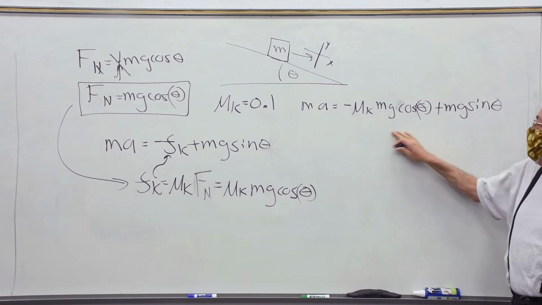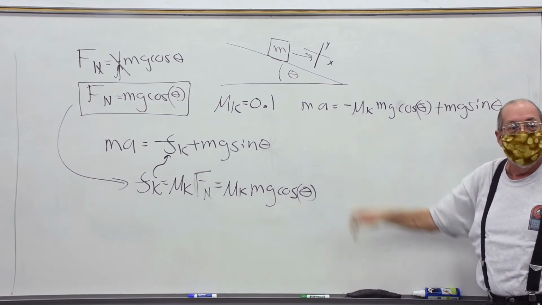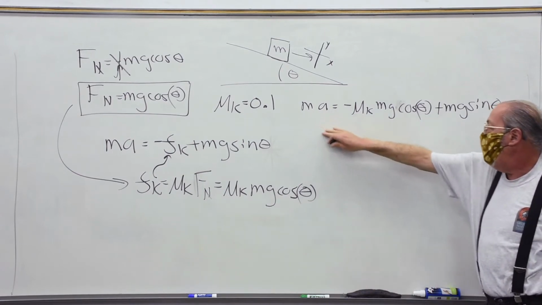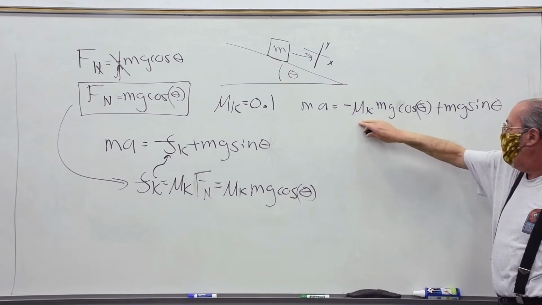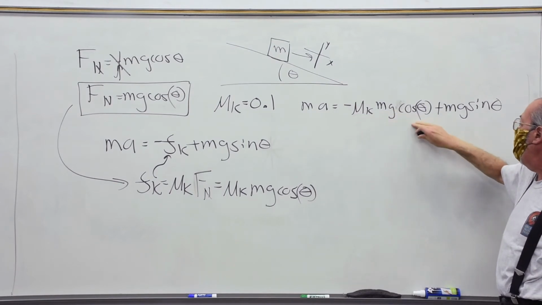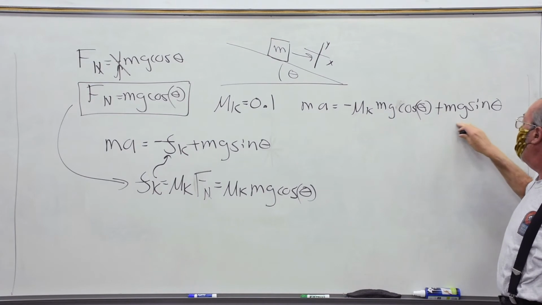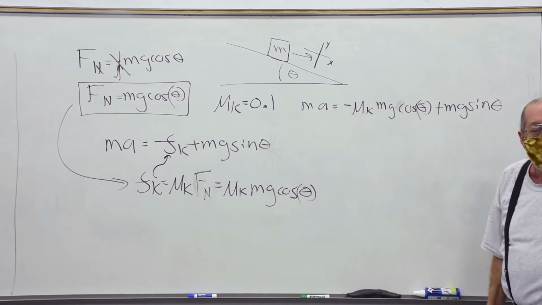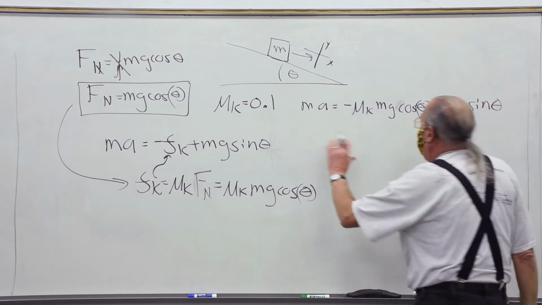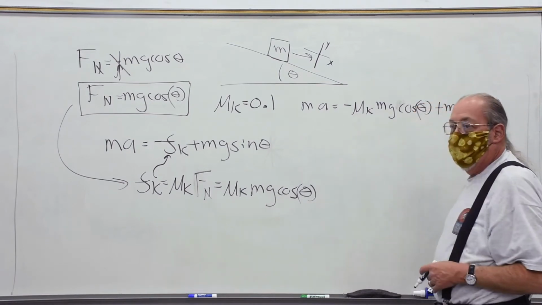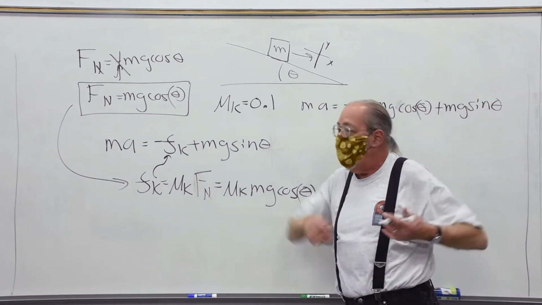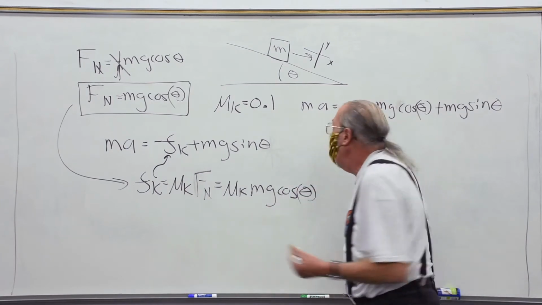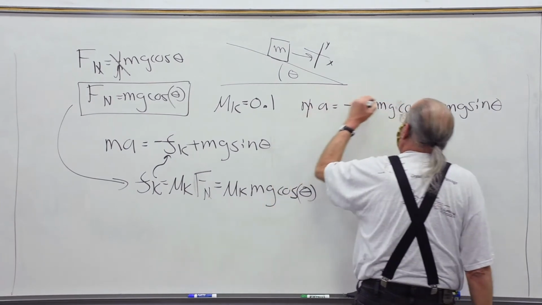What does every term in this equation contain? Ma is minus mu sub k mg cosine theta plus mg sine theta. What does every term contain? M. If I multiply both sides by 1 over m, or equivalently divide both sides by m, the m's all cancel out.